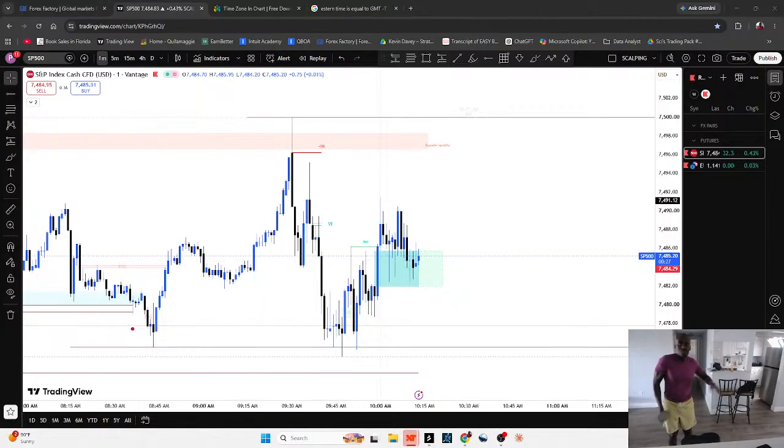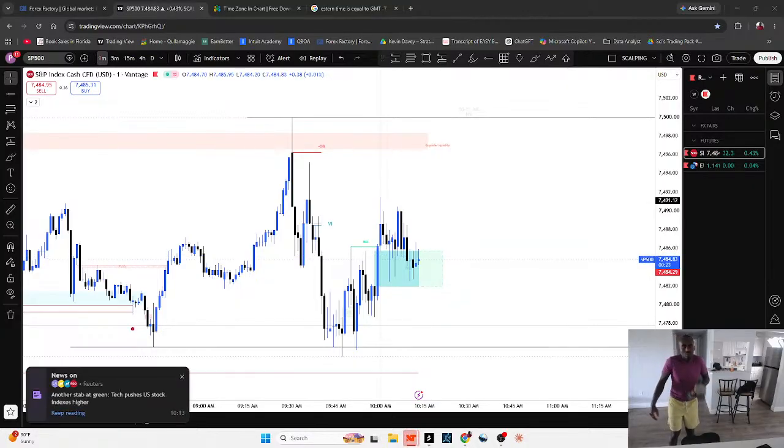They literally could come back up and take out this high and stop people out before hitting this. I guess that's what you're looking at. This is a 15-minute OB.